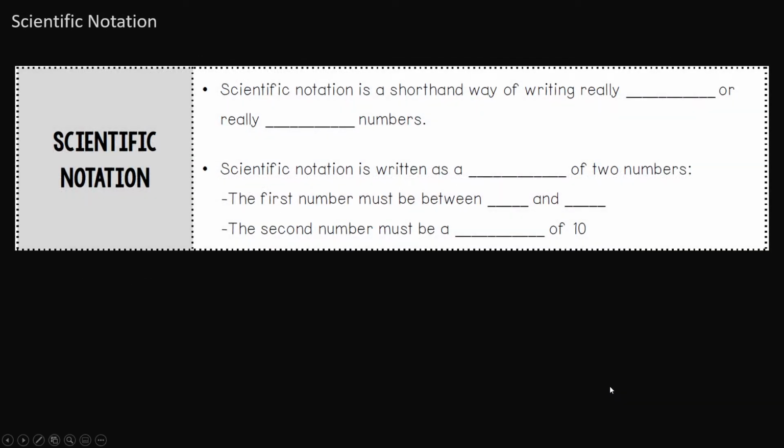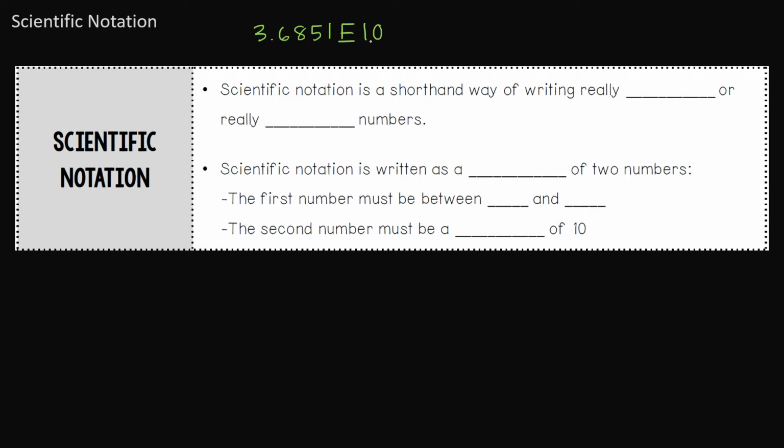So, scientific notation. Your greatest experience with this so far is probably on your calculator. You probably got numbers like this, 3.6851E10. And you probably were wondering, what does that E mean? Well, the E stands for exponent.